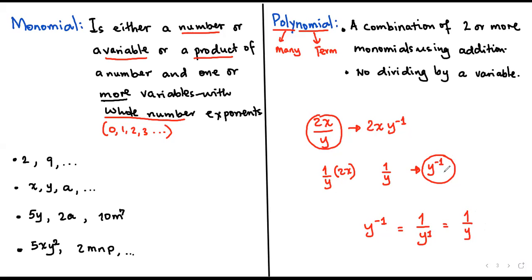And yet we must only have whole number exponents. We must not have the exponent that is 0. That's why we must not divide by a variable. So if you divide by a variable, it means that what you are having is not a polynomial. I hope you understand that very well.